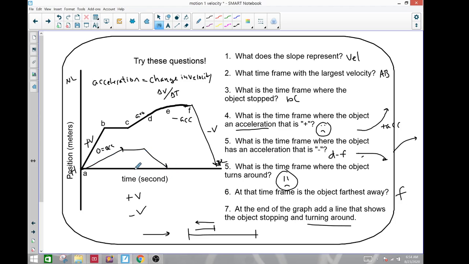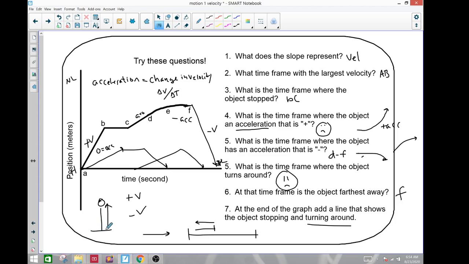Now again, I could have done it like this, which is fine on the graph, but really this is an instantaneous turnaround. We were going down the line, we didn't stop, we just turned around. And there's lots of examples like this. If you drop a ball on the ground, it turns around pretty fast and comes back up.